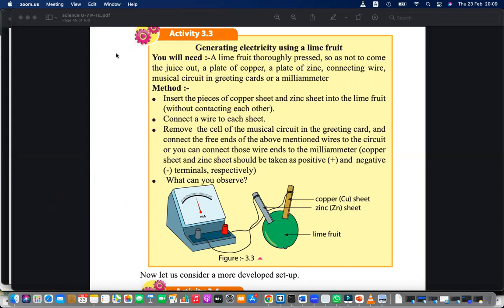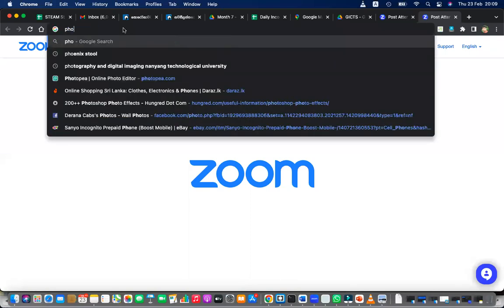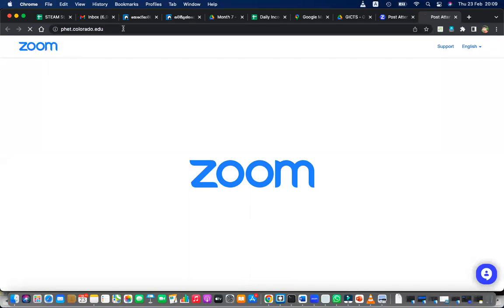Okay, let me show this. We have done this experiment, I guess, but let's see it in our simulation series. Let me open this PhET website.